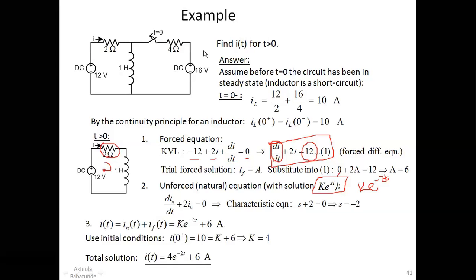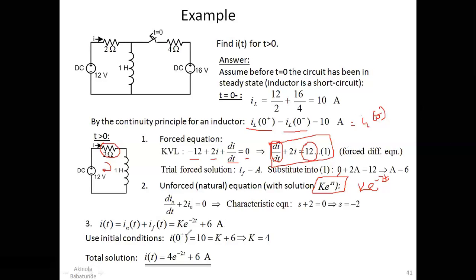Now, if you go back to what we started with, you will find out that we said that our I_L equal to 10. That means our I_L(0+) equal to I_L(0-), which would also be equal to I_L(0). So that simply means that when t equal to 0, this is what we are going to obtain.